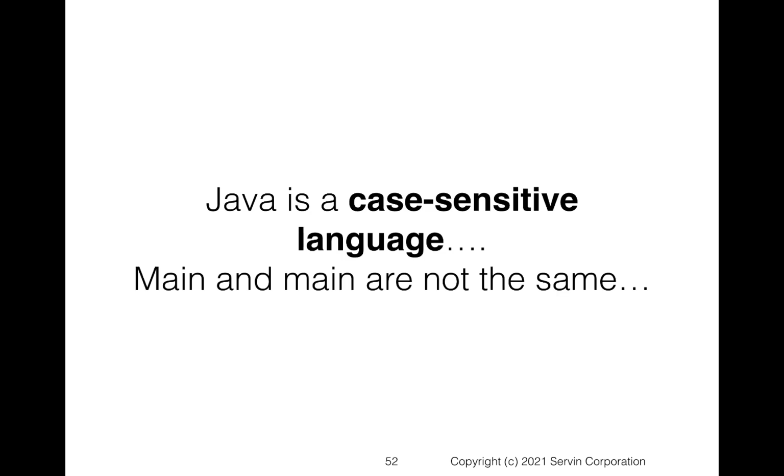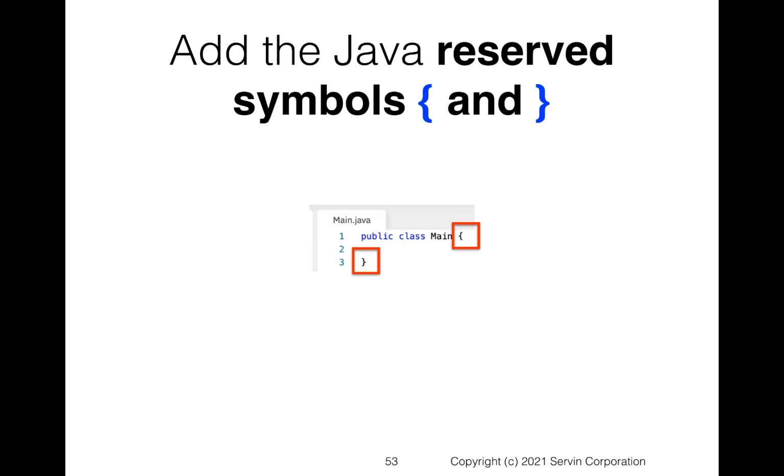Now, Java is a case-sensitive language. So capital Main and lowercase main are not the same. So be very careful. It's a case-sensitive language. Then add the Java reserved symbols, this open curly brace and the closing curly brace. Notice we have on line 1 at the end the opening curly brace, and on line 3 the closing curly brace.